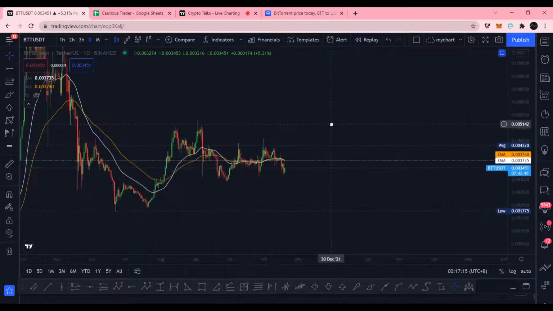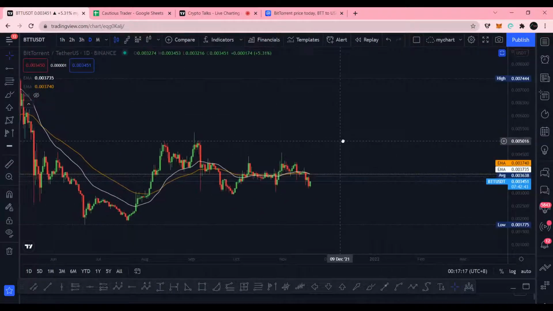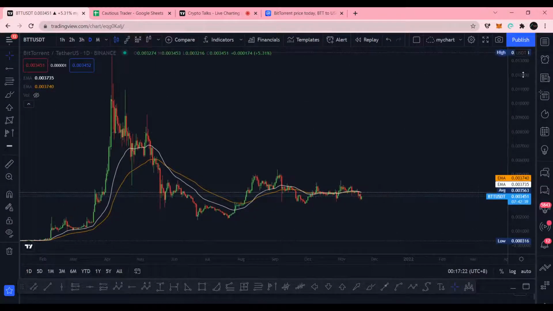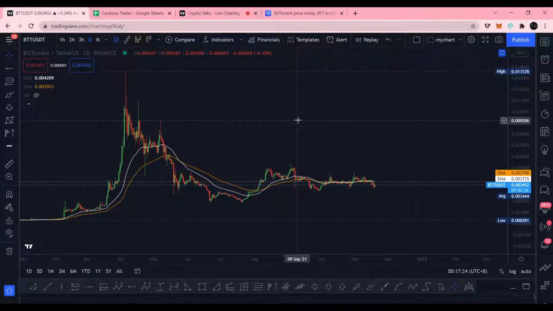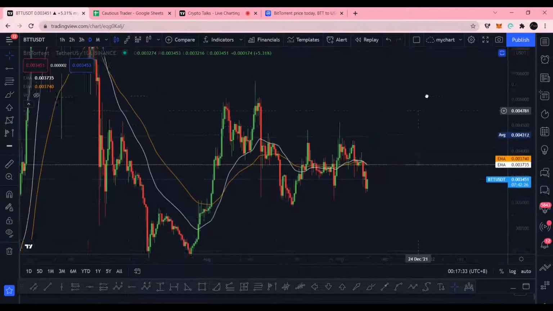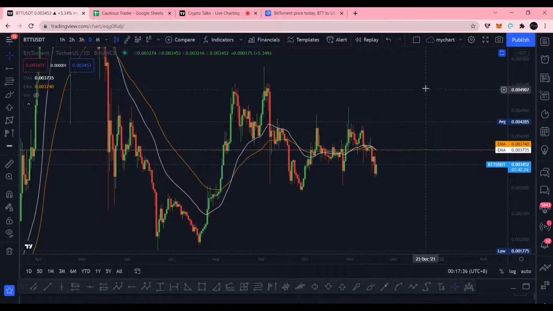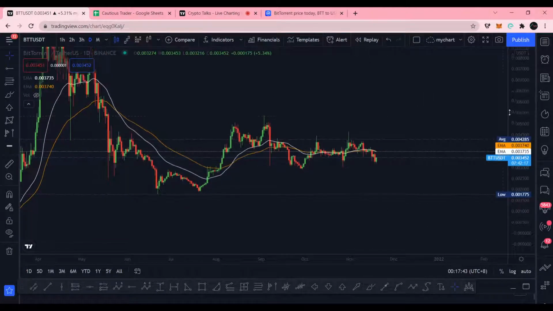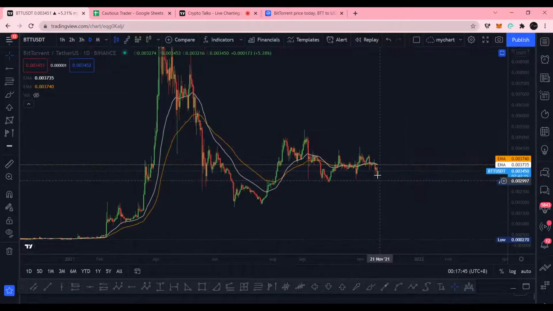I think there is a perpetual contract on BTT. Though I haven't traded it, there is a possible dead cross that has formed. So on a conservative note, I will wait for it to trade above that dead cross because it might possibly go down from here.